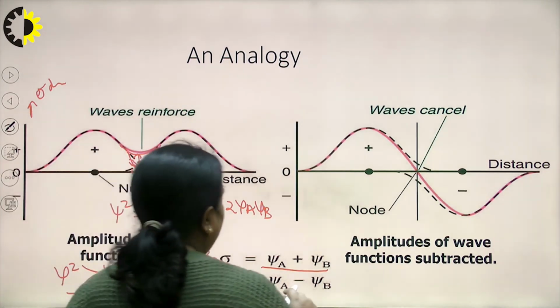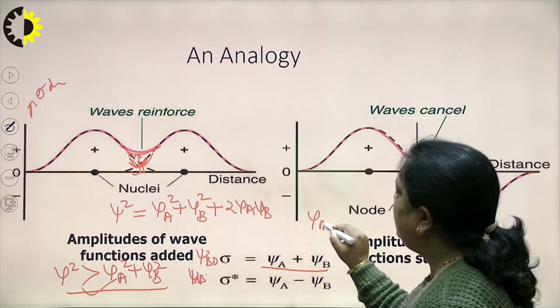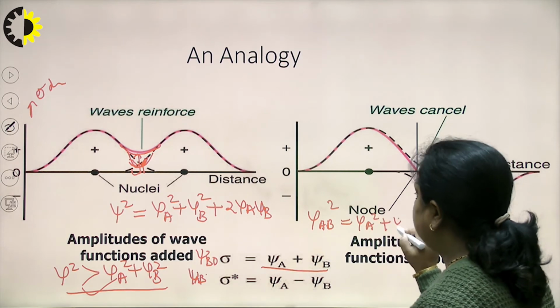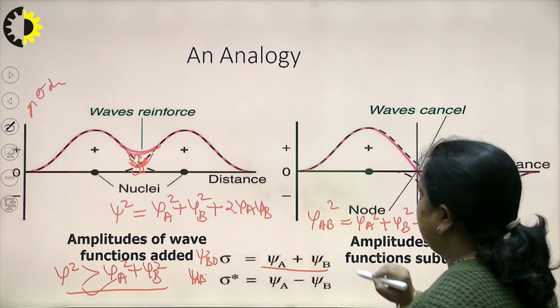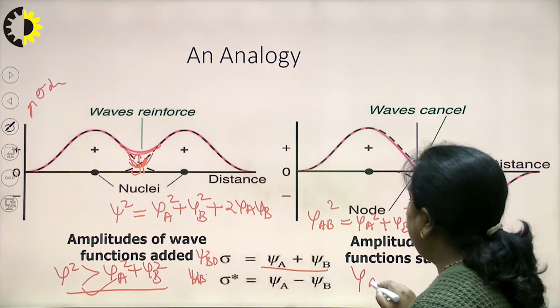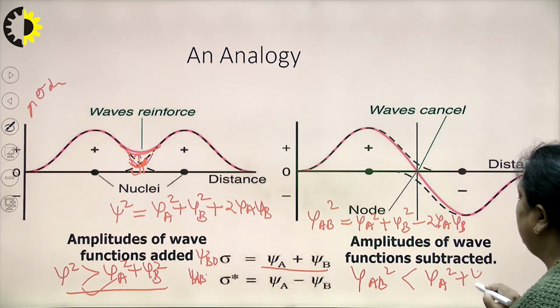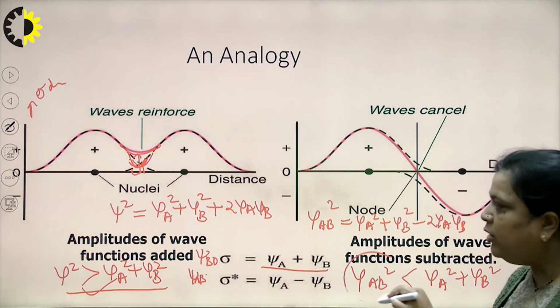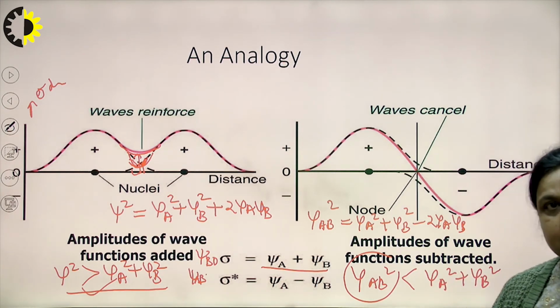While in the case of antibonding, if we square, then psi antibonding square is equal to psi A square plus psi B square minus 2 psi A psi B. That is, psi antibonding square is always less than psi A square plus psi B square. That is, the electron density of the antibonding molecular orbital is always less than the electron density of their combining atomic orbitals.